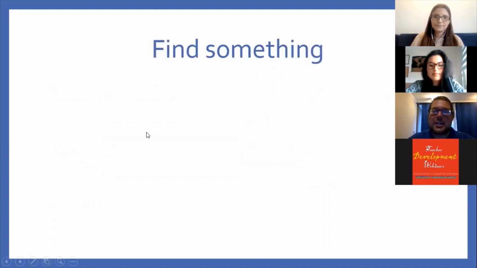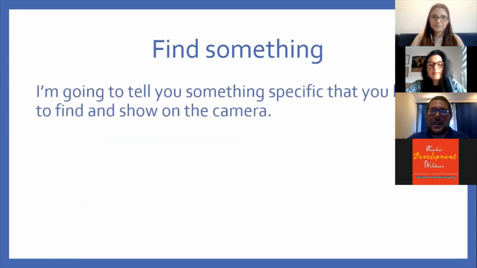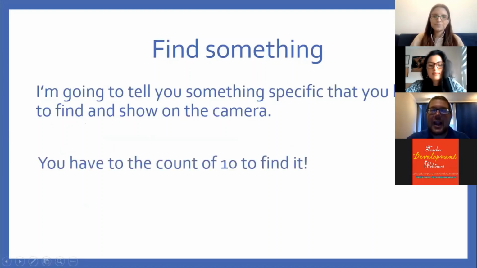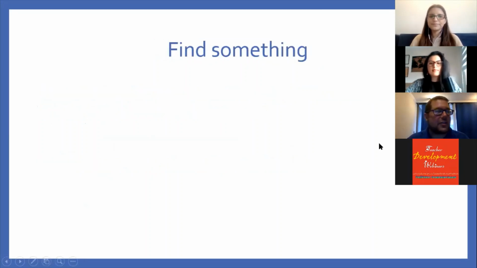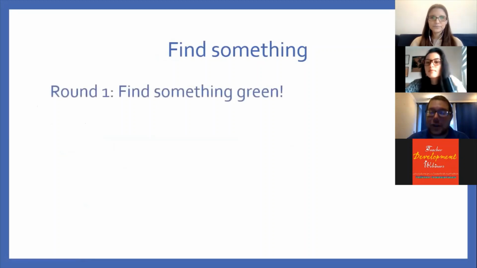Okay, so now we're going to do something where you're going to be getting out of your seats, right? So I'm going to tell you something specific that you have to find and show on camera, right? And you have to the count of 10 to find it. So, all right, the first thing I want you to do is I want you to find something green.